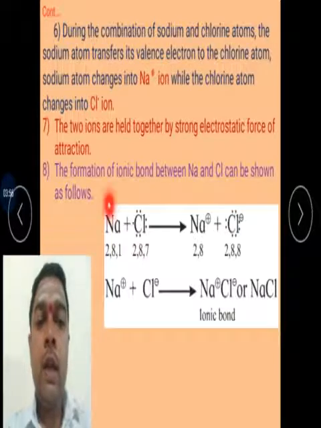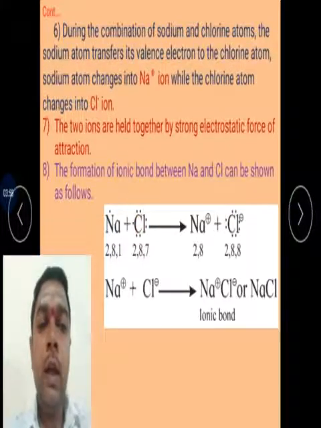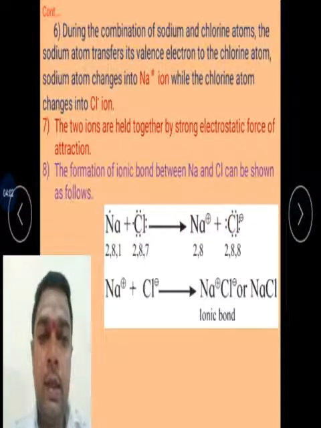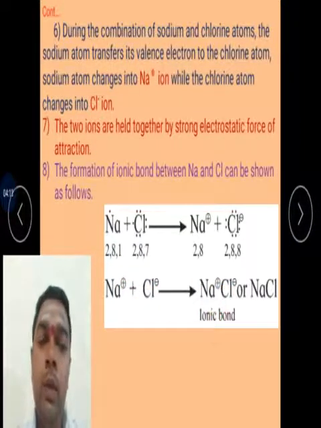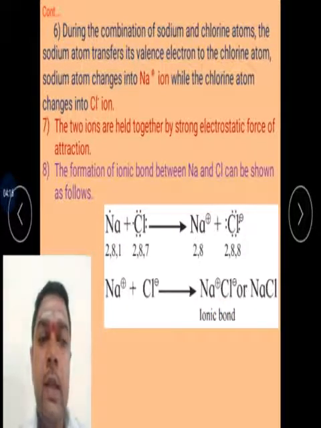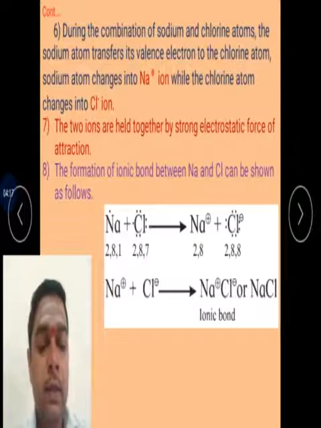Sodium transfers one electron to the chlorine atom and forms Na plus and Cl minus ions. This reaction is represented as Na plus Cl minus. It gives NaCl as an ionic compound, with an ionic bond between sodium and chlorine, and this is sodium chloride salt.